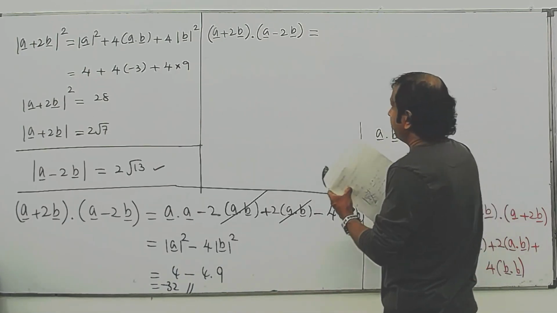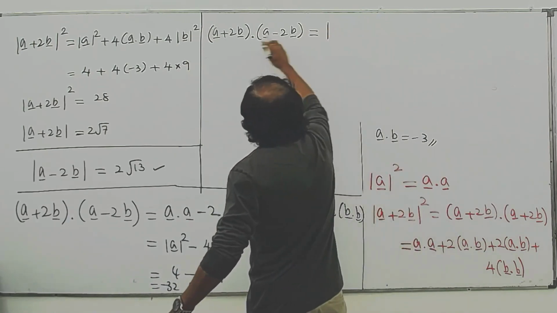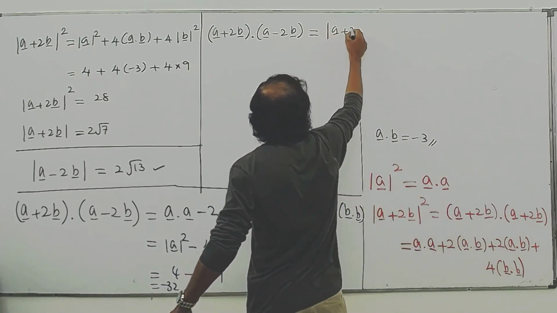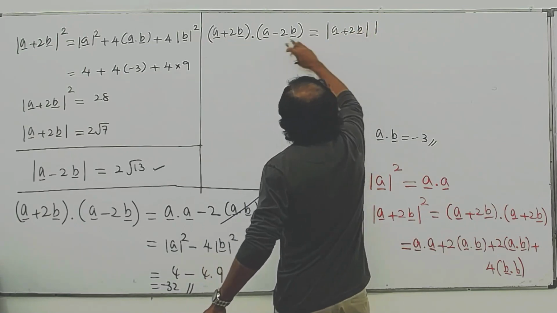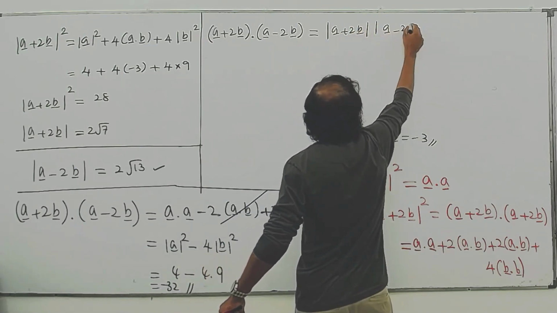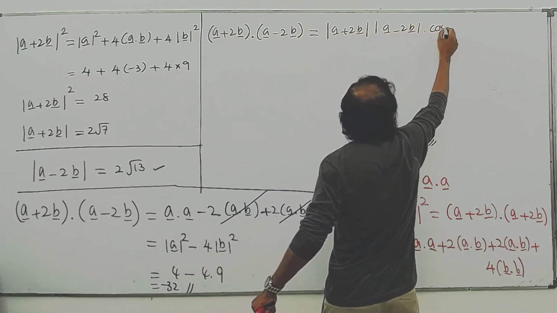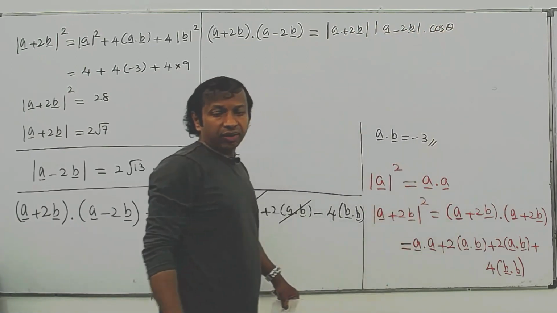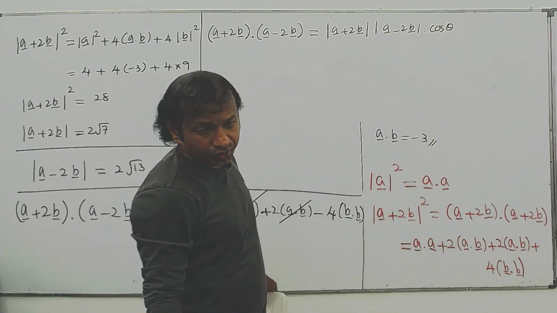Modulus of the first vector a plus 2b multiplied by modulus of the second vector a minus 2b into cos theta. What is theta there? The angle between the two vectors we have, right?